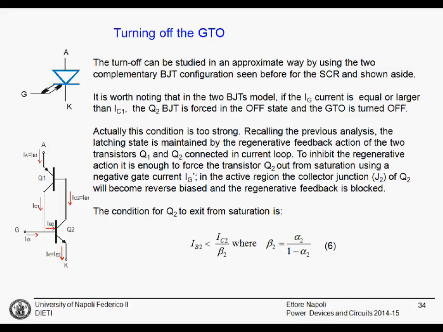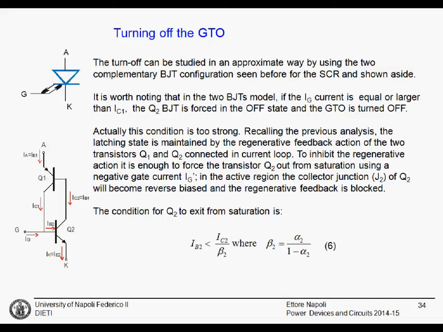It is then clear that there are very big approximations in this model, because if this model was correct also for the SCR, it would be possible to switch off also the classical thyristor. But we know this is not possible. This means that in this model there are big approximations. But this, in any case, allows us to understand some of the aspects of the GTO.